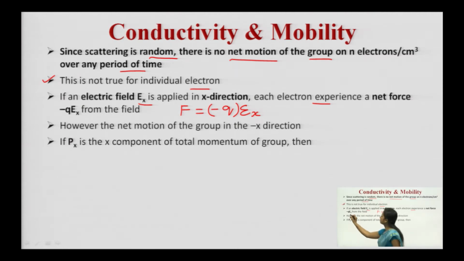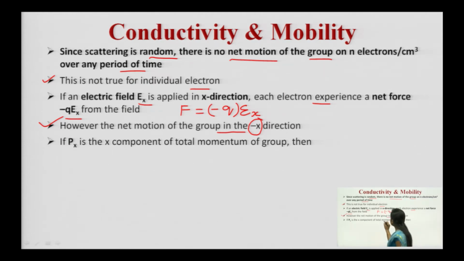But the net motion of the group is in the minus x direction overall, because if the applied electric field is in the x direction, the net motion of the electrons will be in the minus x direction.